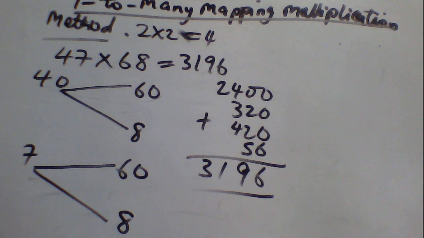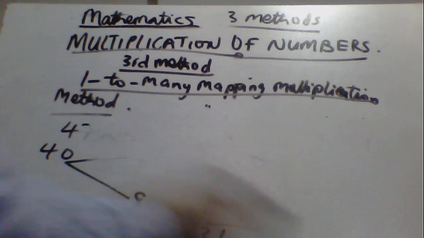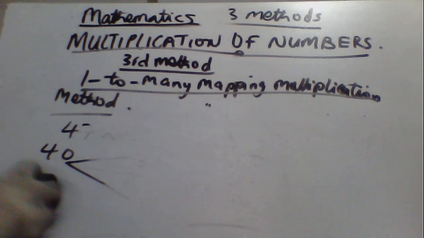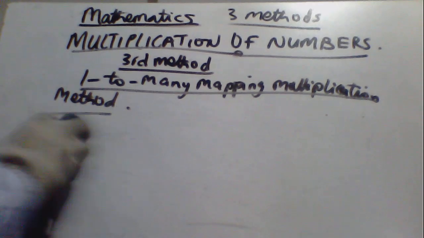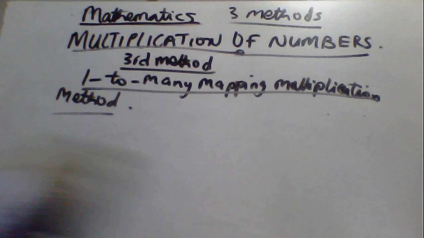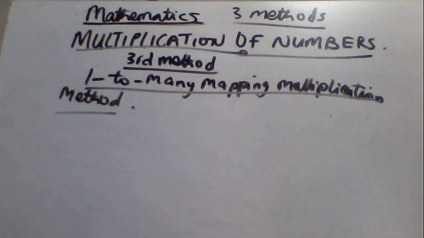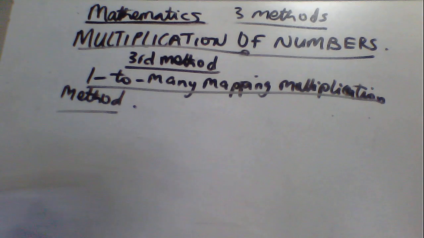So let's look at another example for clarification. This is multiplying numbers with different methods. You can choose any method that is easy for you, and whenever you see numbers, it will be easy for you to do the operation.